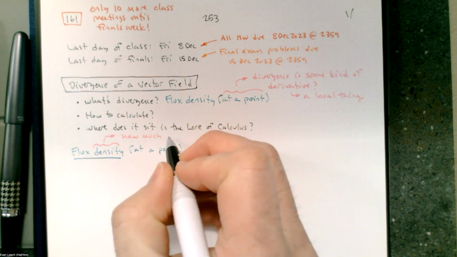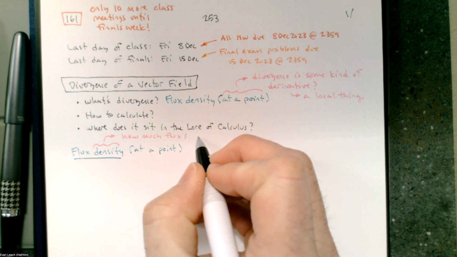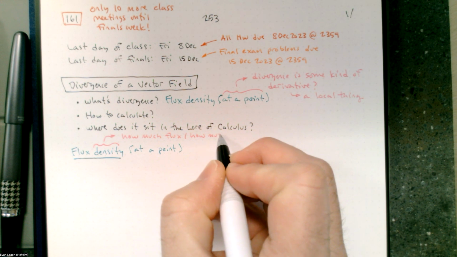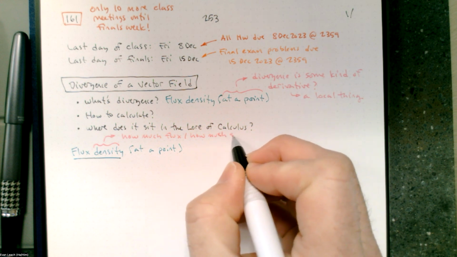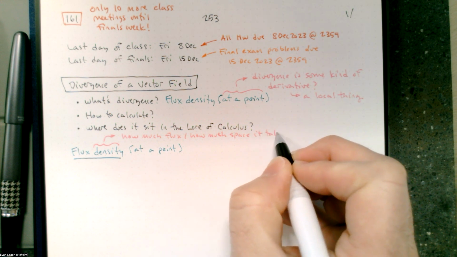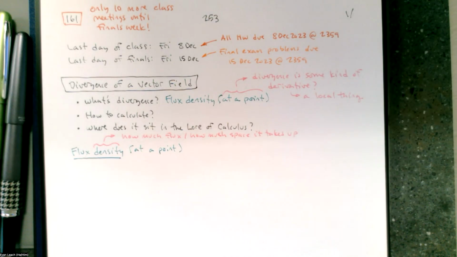In this case, how much flux divided by how much volume. Thinking in terms of math, density just says how much stuff is there divided by how much space it takes up.